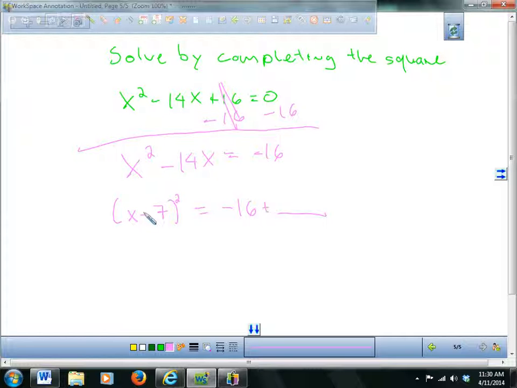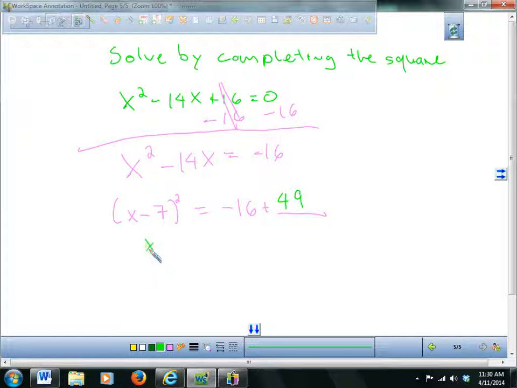No, not 7. 7 squared. Yeah. 49. I've added 49. So to keep my equation balanced, what do I need to put over here? Positive 49. You get it? That's what you do. You just take half of this and then you add the square of this to the right side.